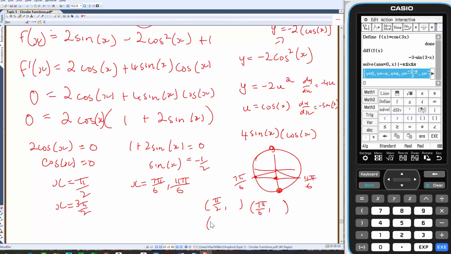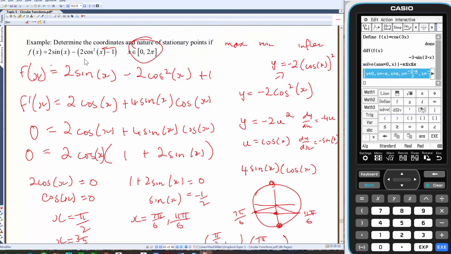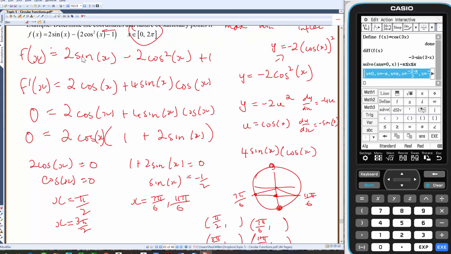Then I've got 3 pi on 2, comma something, and 11 pi on 6, comma something. Now, to work out the y values there, what you would do is pop them into the original function, right, which shouldn't be too bad.